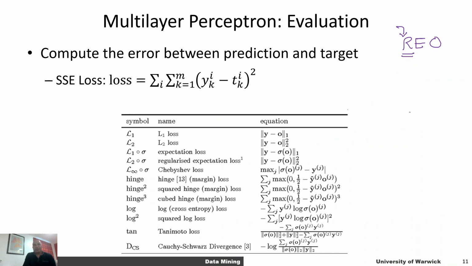Now, let's say for a given example, I'm going to indicate the example in bold to indicate that it has multiple values, it's a vector. Let's say we talk about an example that has n different features.